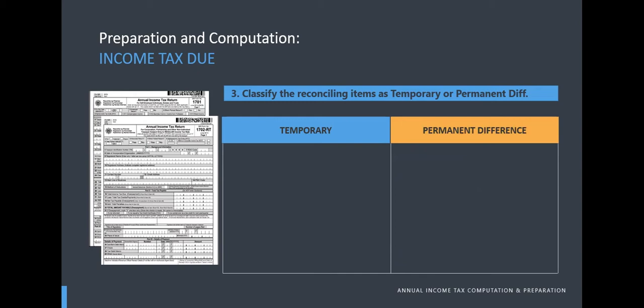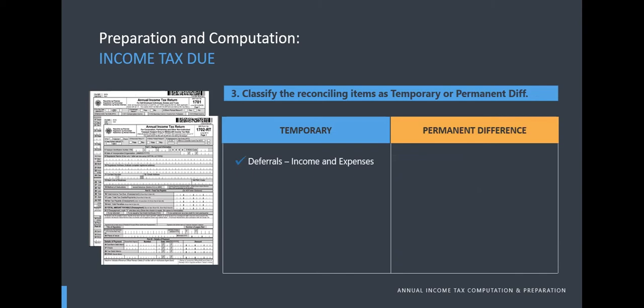So what are the examples? Some examples of the reconciling items or temporary and permanent differences. So temporary, let's start with the temporary difference. So this includes deferrals, income, and expenses. So what are those deferrals?